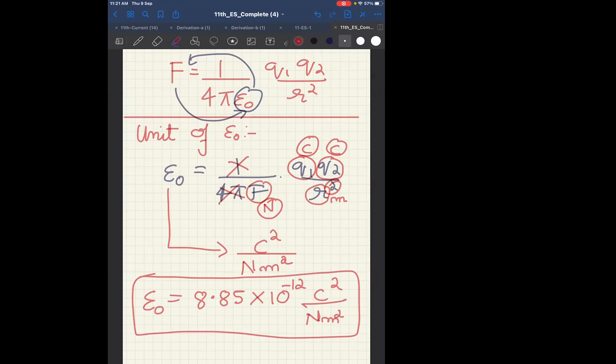Epsilon naught is 8.85 into 10 power minus 12 Coulomb square per Newton meter square. This is the constant you have to remember not only in this chapter but in all chapters. Make a note of this page.